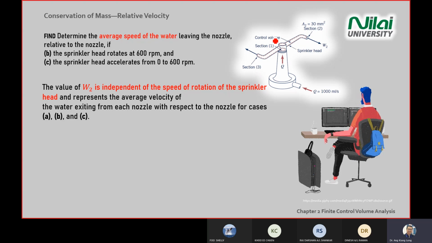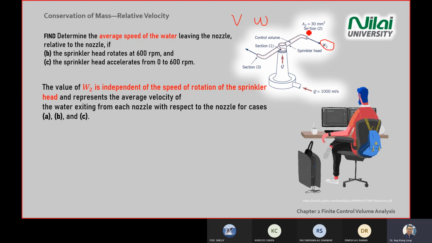It doesn't matter whether your spring head is moving or not. The W2 that sprays out from the area will always be the same. W2 is relative velocity. If you talk about velocity sprayed from the head, it might be different.